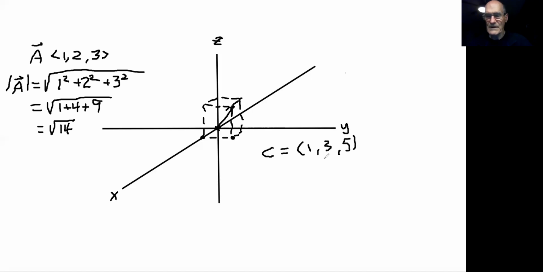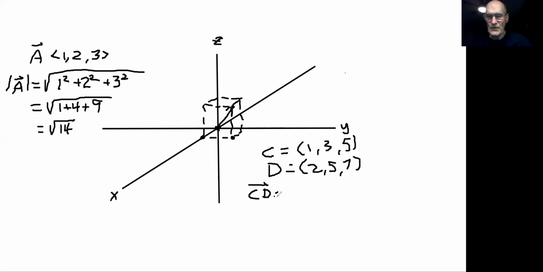And we have a point D, which is 2, 5, and 7, say. And then we want to find the vector CD. So vector CD is the vector that goes from C to D.